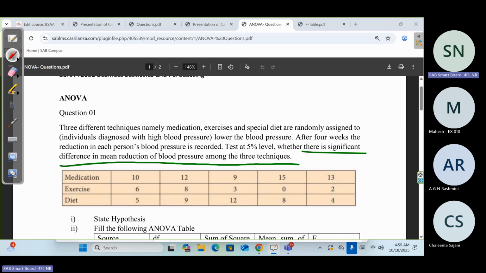Then we can say we have enough evidence to conclude that there is significant difference in mean reduction of blood pressure among the three techniques at 5% level of significance.